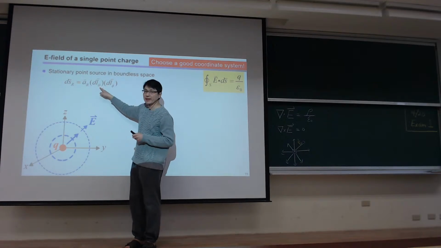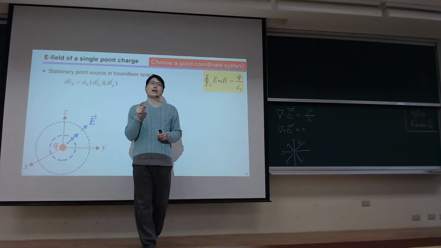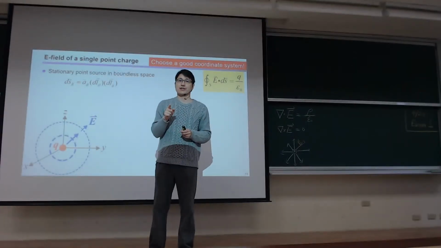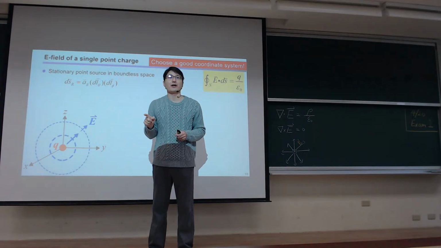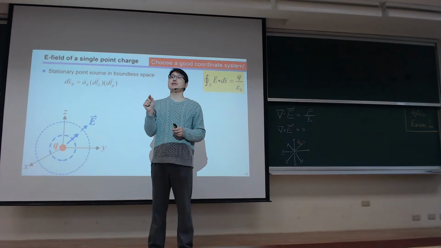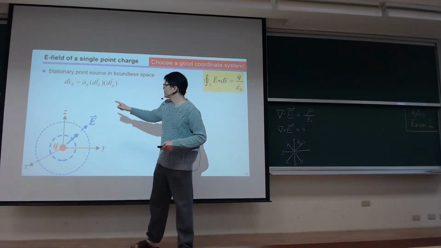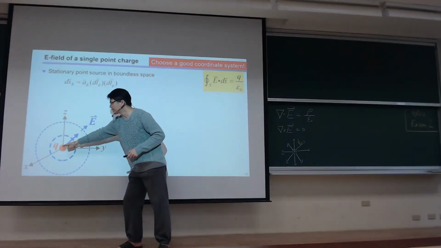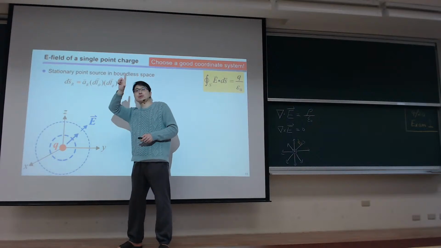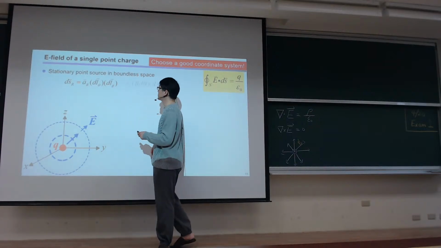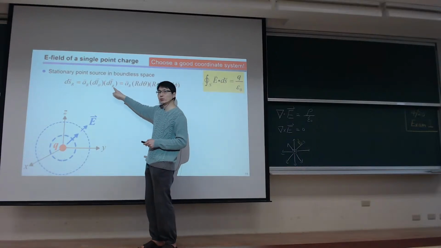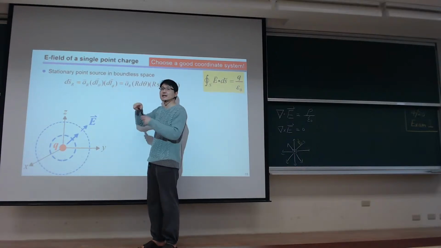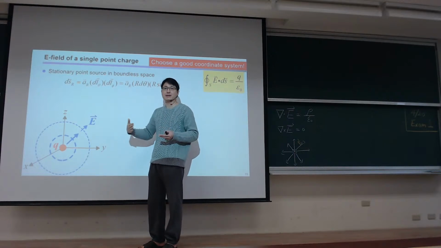So ask yourselves, what is dl theta for the spherical coordinate system? It will be an arc. For an arc, you need to know the radius. For dl theta, the entire radius is used to span the arc, so it is basically r d theta. But in the phi direction, not the entire r is used to span the arc.